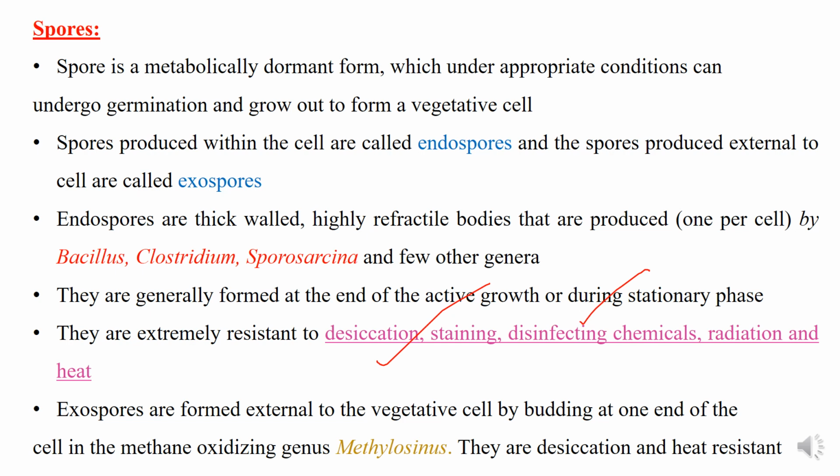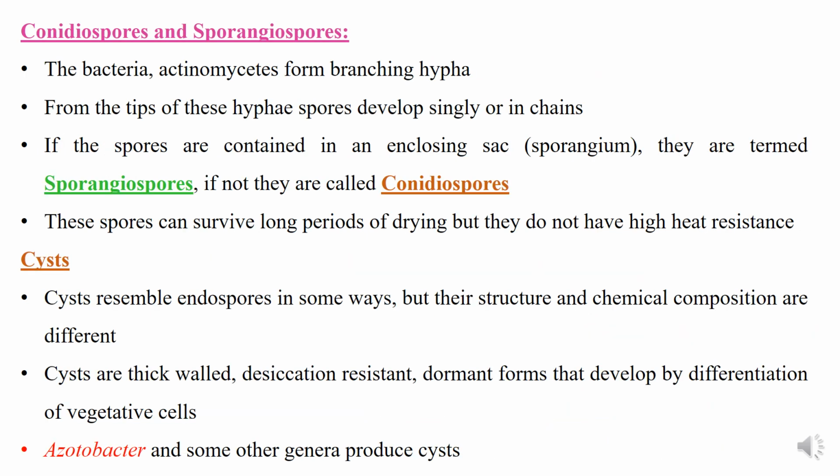Exospores are formed external to the vegetative cell by budding, and we can see exospores in Methylosinus. These exospores are desiccation and heat resistant. Coming to the other terms, conidiospores and sporangiospores, we can observe these in actinomycetes, which form branching hyphae.